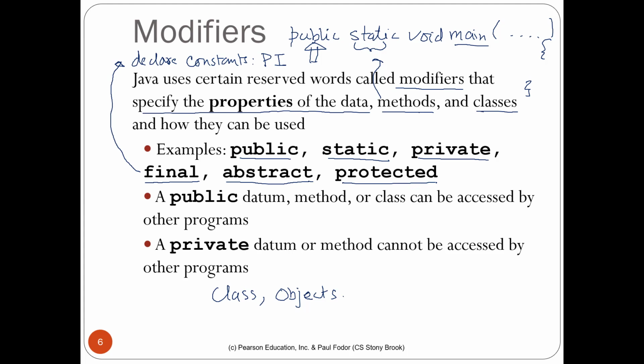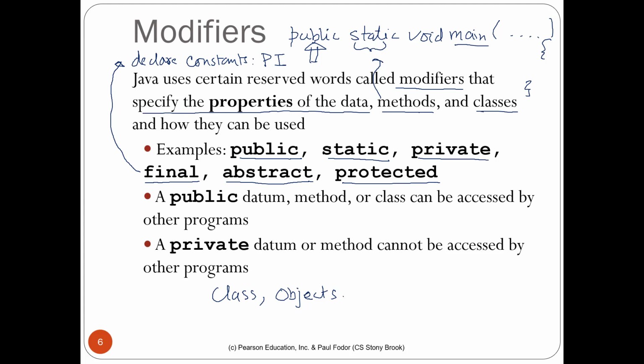This will come when we discuss inheritance. So we'll have to wait till that point. But you should understand that these keywords that we have here, public, static, private, final, abstract, and protected, are all modifiers, which means that these keywords will determine the property of whatever they are defining.